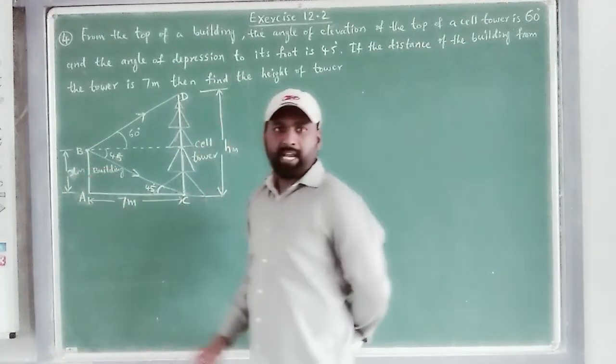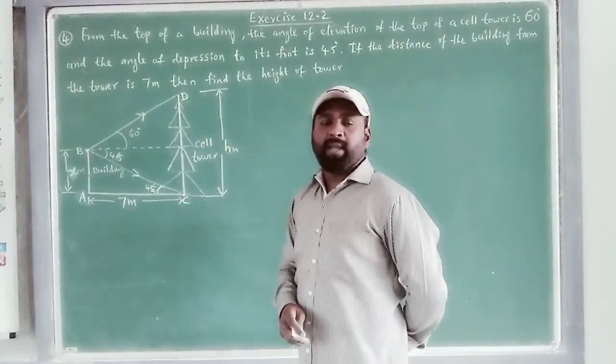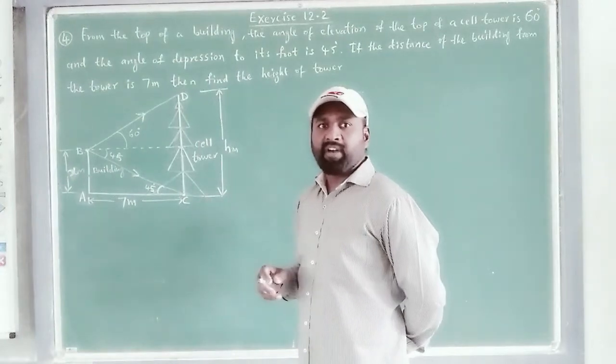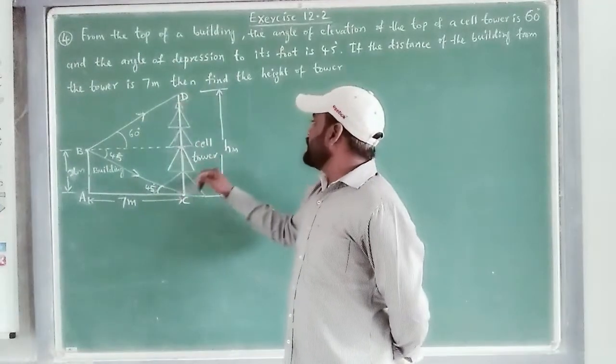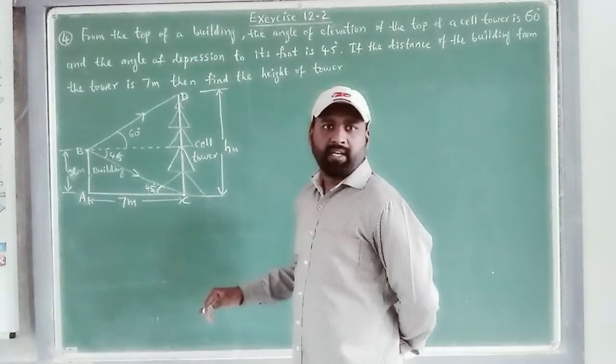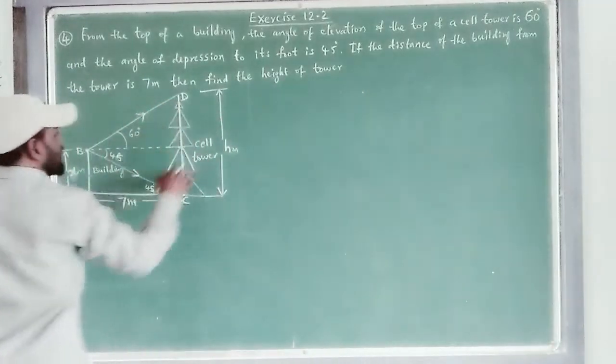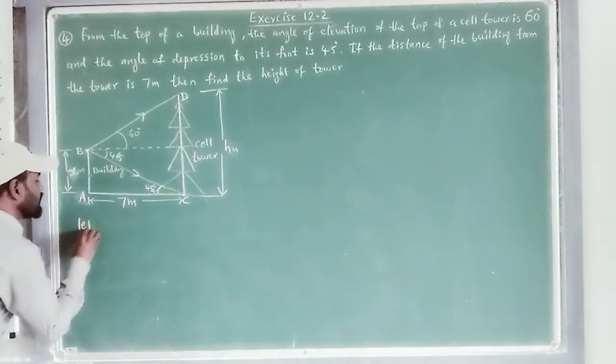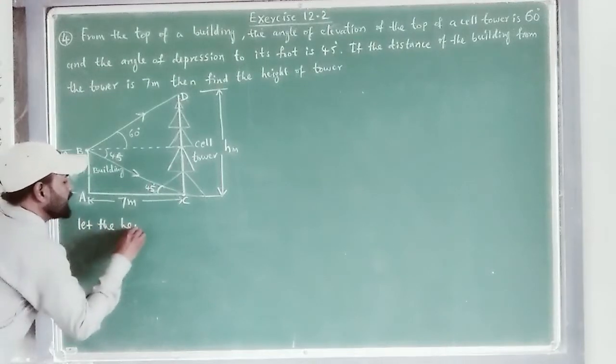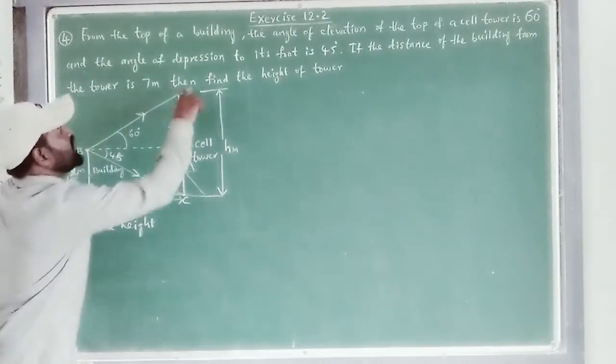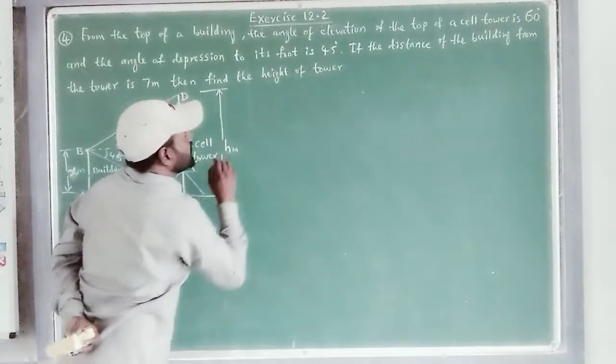So let us describe this figure. Then afterwards, applying the trigonometric ratios, we can find the value of CD, that is, the height of the cell tower. So let's describe the figure now. What we need is to find the height of the cell tower.